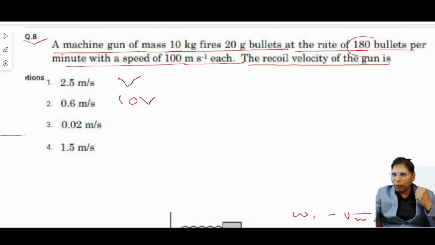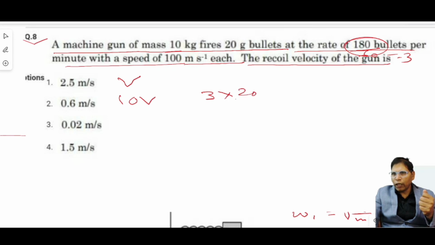The number of bullets fired in 1 minute is 180, so the number of bullets fired per second is 180 by 60, so this is 3. Now the momentum of 3 bullets is 3 into mass.